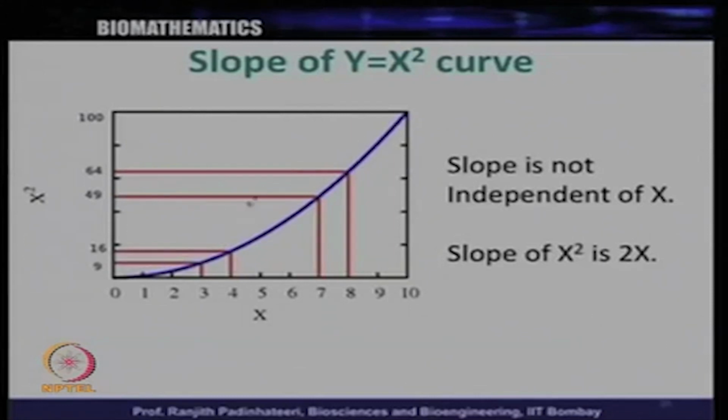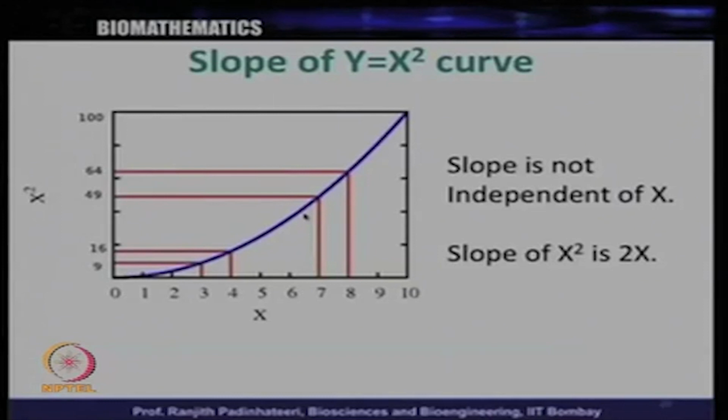The slope here is 15, as we saw, and the slope here is just 7. So the slope of the y equal to x square curve increases with x.